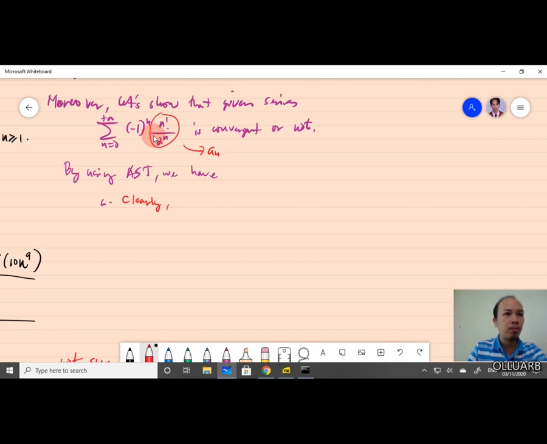Clearly a sub n, which is equal to n factorial over 2 to the n, is greater than 0 for all n greater than or equal to 0.